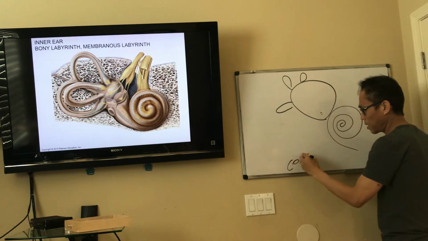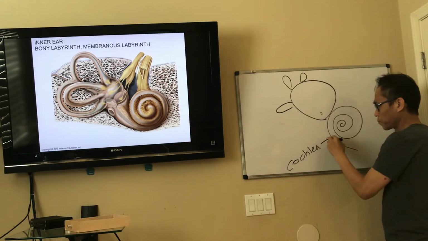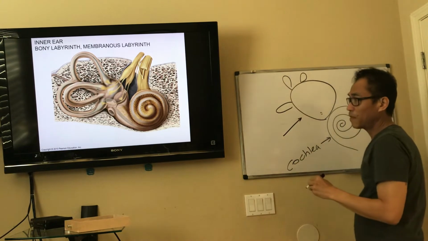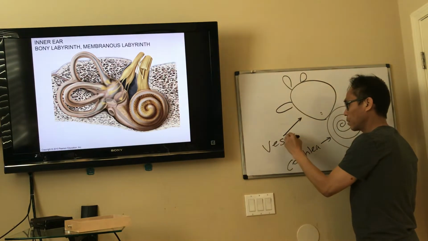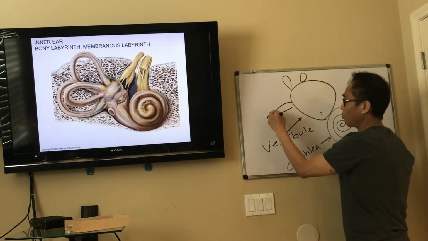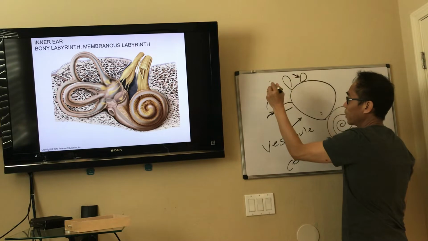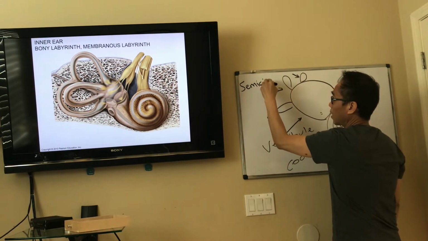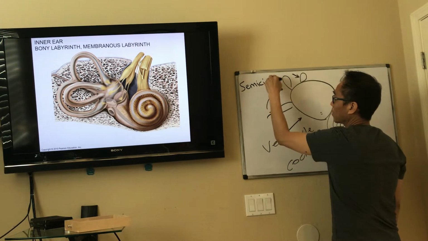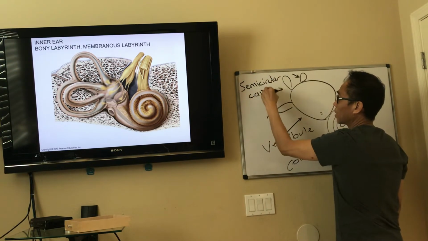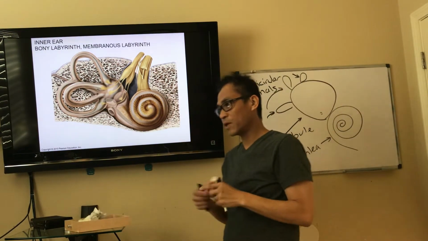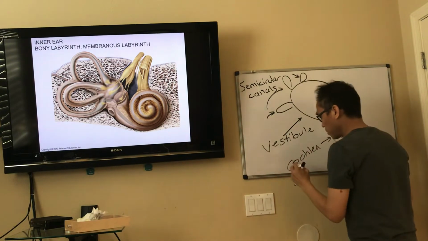So basically cochlea, the vestibule, and then you have 1, 2, 3 semicircular canals. So those are the basic parts of what we call the inner ear structure.